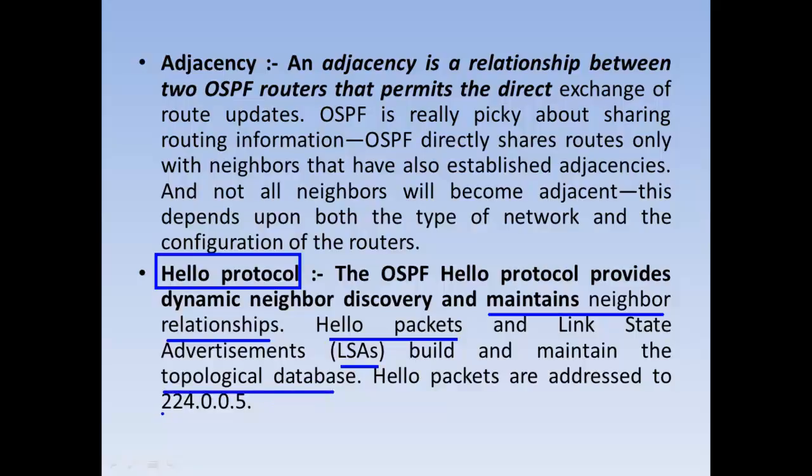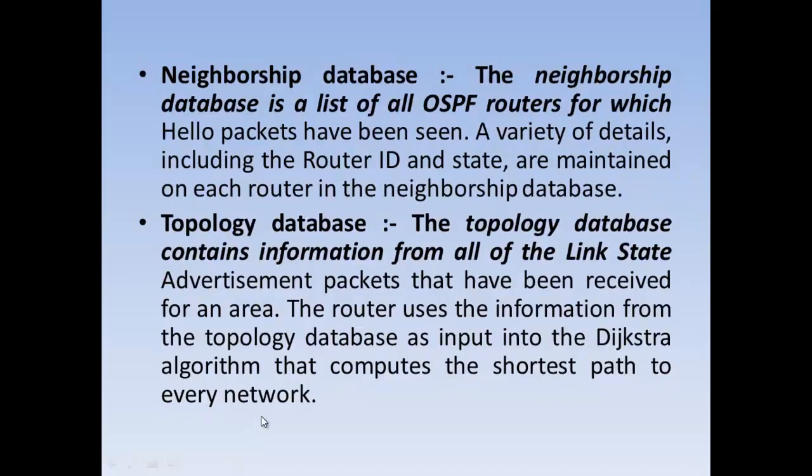As I've told you, the DR sends the hello packet to the other routers at the address 224.0.0.5. Unlike RIP, which only maintains the routing table, OSPF maintains many more things: the neighbor database and the topology database. Okay?